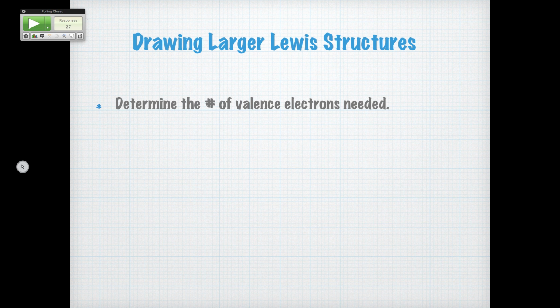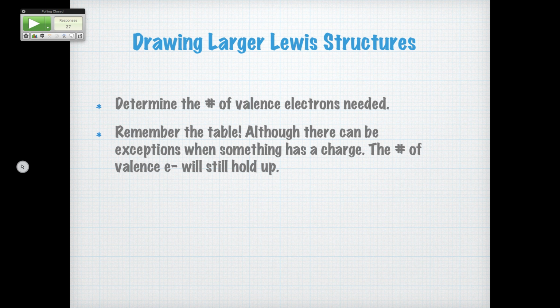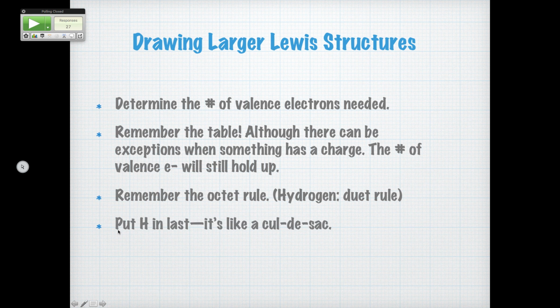Here is a method you can use to do these. One, determine the number of valence electrons needed in your picture by adding them up from your formula. Remember that table, although there can be exceptions when something has a charge. That table is for neutral atoms. Don't forget the octet rule, and put the hydrogens in last.